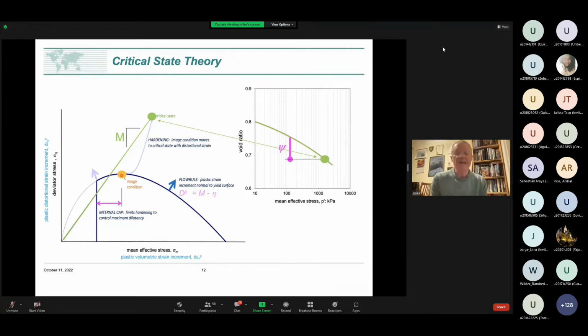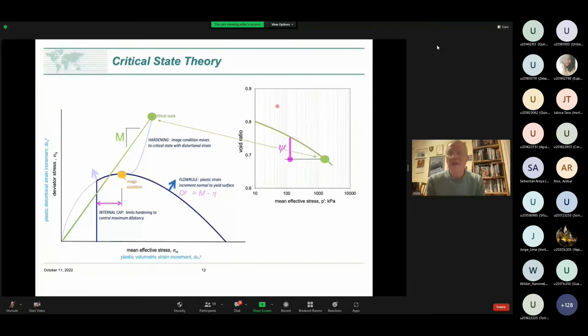Now, where does the critical state come into this? This green line is, if you will, a phi CV line. That's our soil property M, our friction ratio, and the critical state lies on that line. Now, what we do is we link what we're seeing in essentially a triaxial situation over here, or a stress strain test, with void ratio, which is on the right.